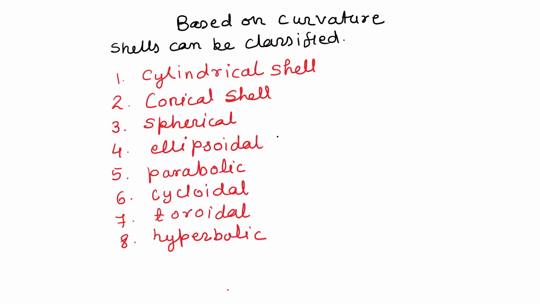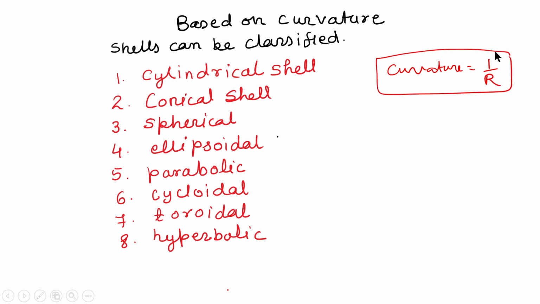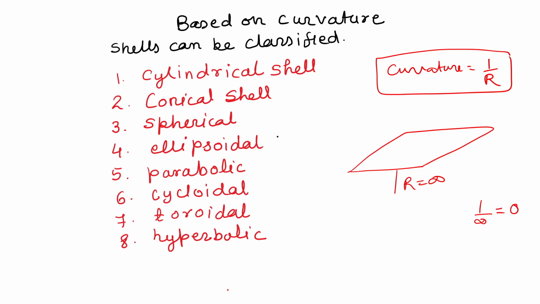As I have discussed, based on the curvature or the radius of curvature, curvature is nothing but the inverse of the radius, 1 upon R. What does it tell you? It tells you how deep the surface is. For example, for a flat surface the radius is infinity, so 1 by infinity gives you 0, so it is a flat surface. If the center is very far, it will be slightly shallow.